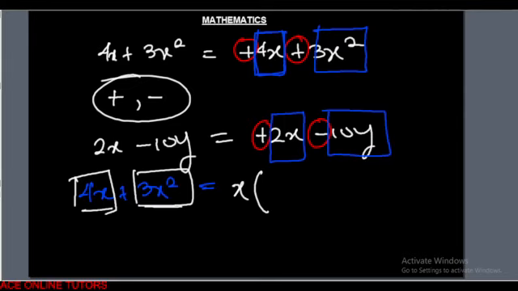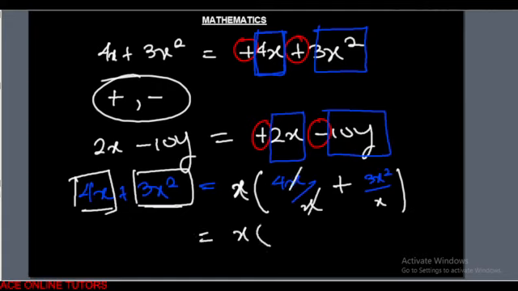Whatever you have outside is the same thing that you are going to use to divide what you have inside. So inside the bracket, instead of writing only 4x, you are going to have 4x over x, then you still maintain that plus sign between them. Then you have your 3x squared over x.